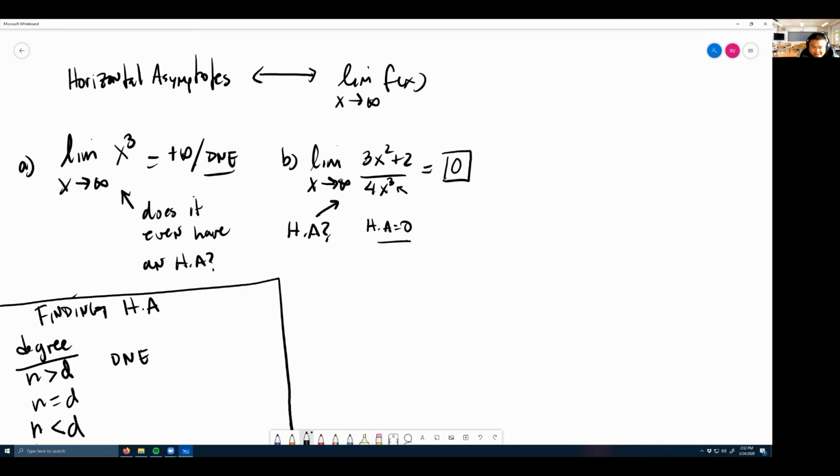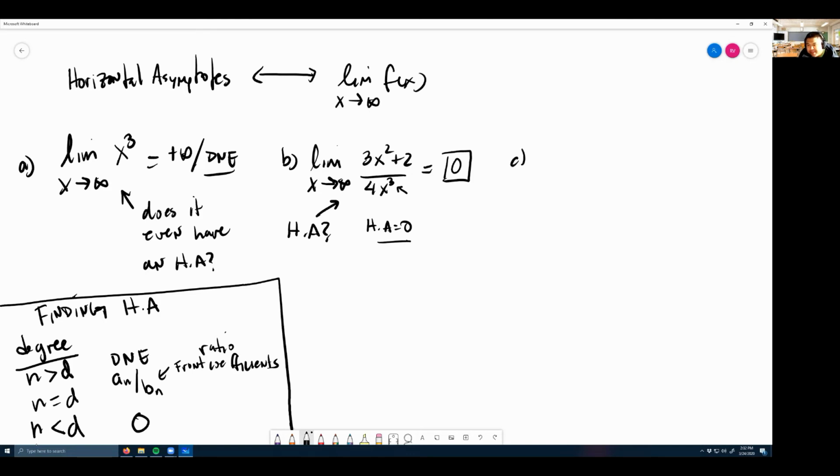The numerator degree equaling the denominator degree: this is the front coefficient divided by the bottom coefficient. Let's call it AN over BN, the ratio of front coefficients. And I'll give an example of that in a second. We just did that, but I'll do another one. And this final last one is 0.